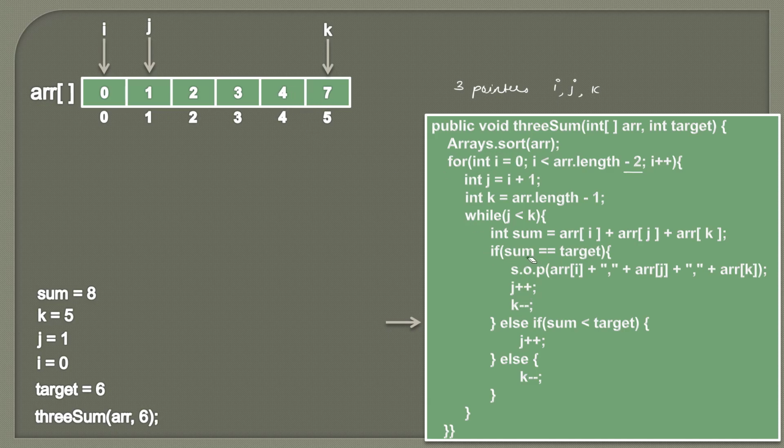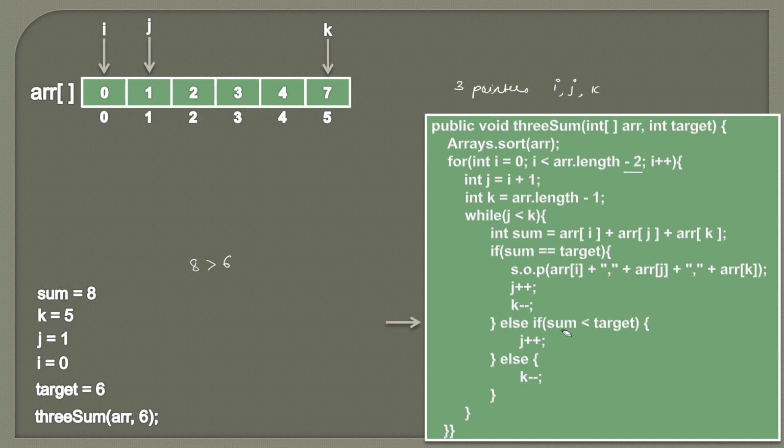Now when we compared sum with target, we found out that sum is greater than target. The sum value is 8 and it is greater than the target. So somehow we need to reduce the value of sum in the next iteration so that it matches the target. So we provide these two conditions.